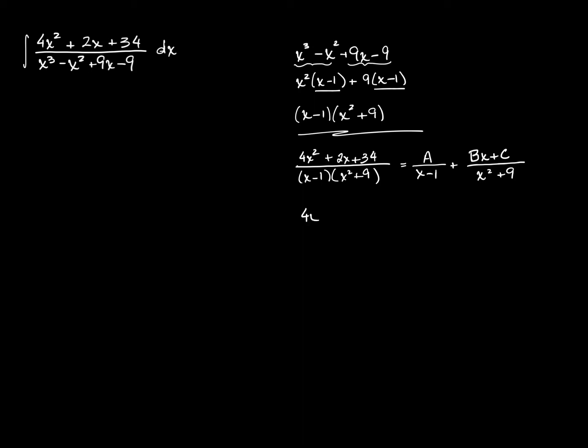So what I'm going to do now is rewrite the left-hand side. And I'm going to try to find a way to write the right-hand side so that I can combine the terms in the numerator so the denominators are actually the same on the left and the right-hand side. So I have A over x minus 1, but to get the denominator so that it's x minus 1 times x squared plus 9, I'm going to multiply the first fraction by x squared plus 9 over x squared plus 9.